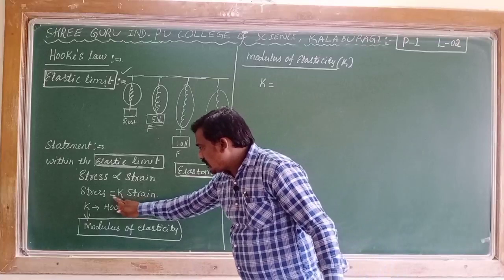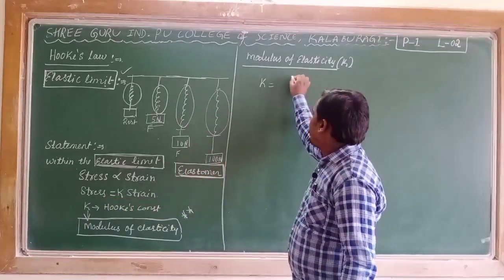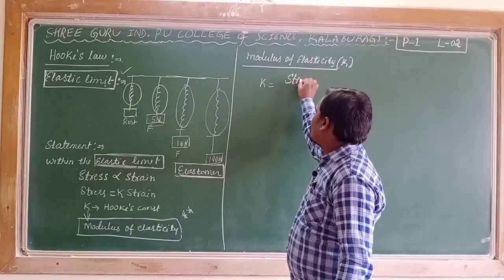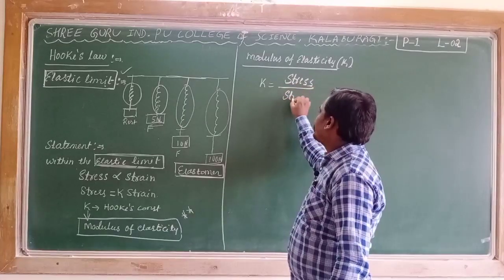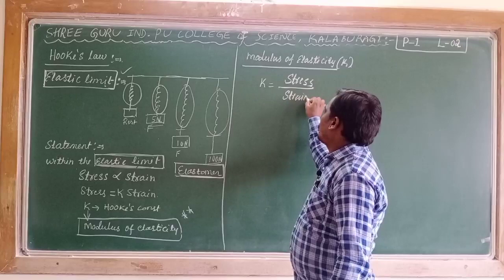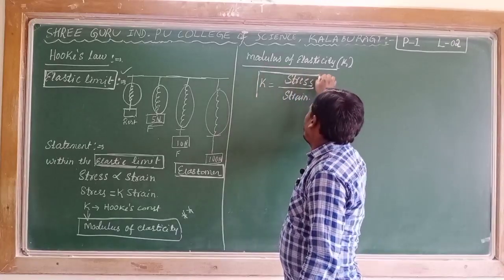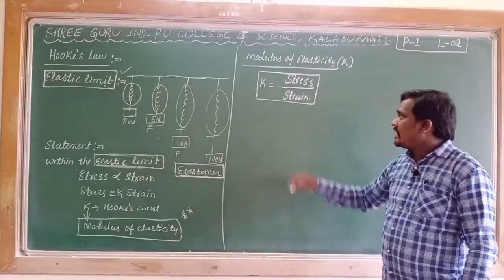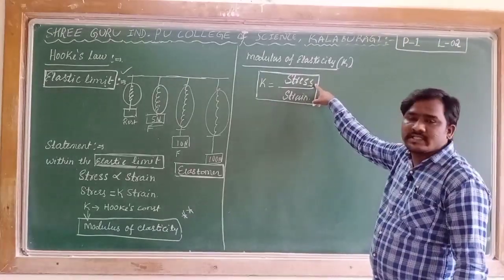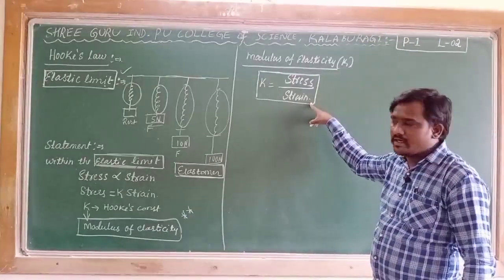K is equal to stress by strain. Modulus of elasticity is defined as the ratio of stress to strain.